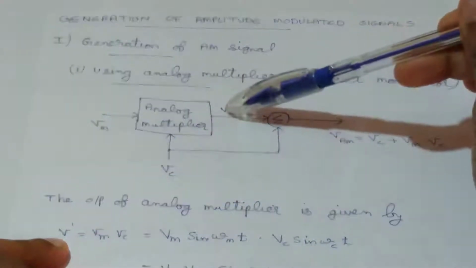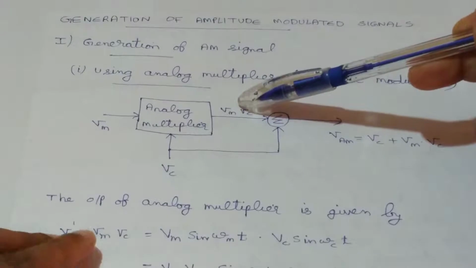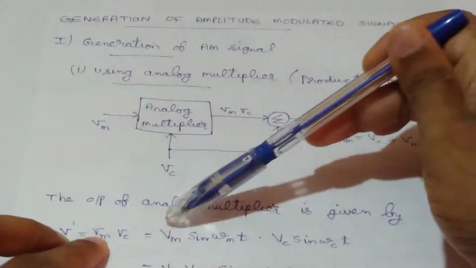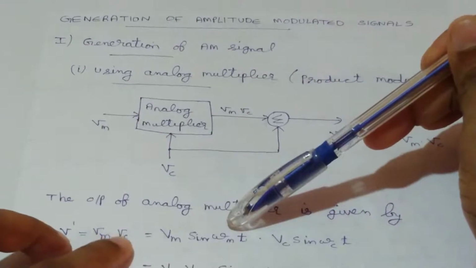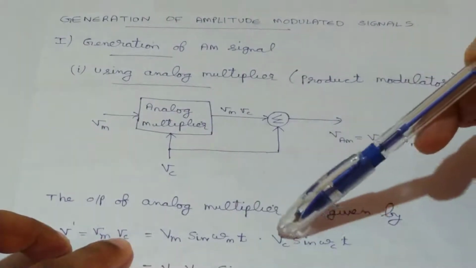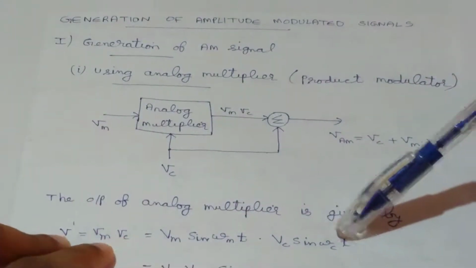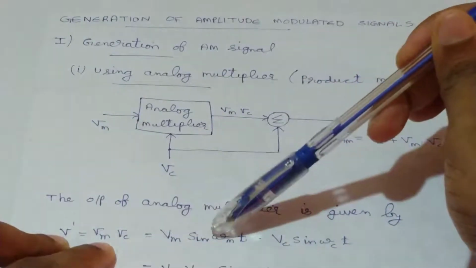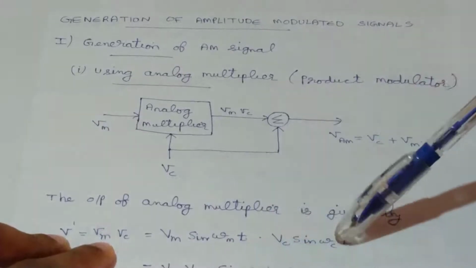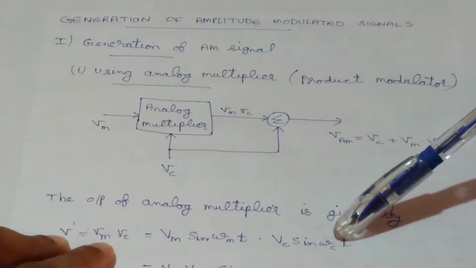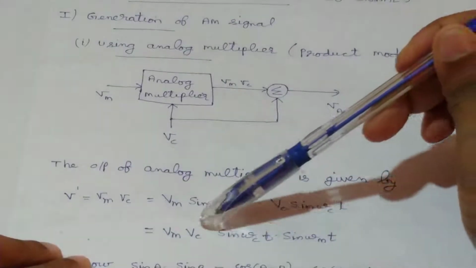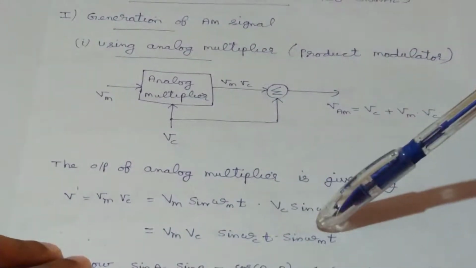So V dash is equal to small vm into small vc, and we know small vm is equal to capital Vm sin omega mt, and small vc is equal to capital Vc sin omega ct. So small vm into small vc is equal to Vm sin omega mt into Vc sin omega ct. This is equal to Vm Vc sin omega ct sin omega mt.